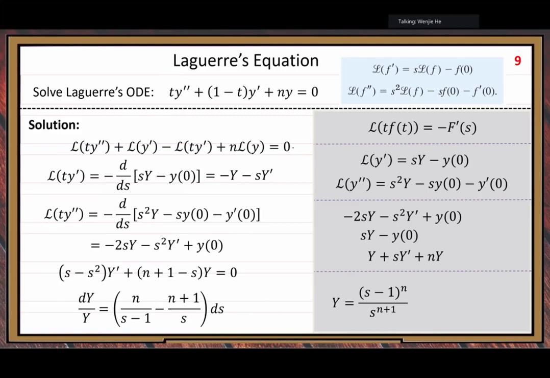But for this capital Y, we need to take the inverse Laplace transform. So this function, we need to take inverse Laplace transform. So the last step. When we look at the inverse Laplace transform, for the numerator we can apply the binomial formula.